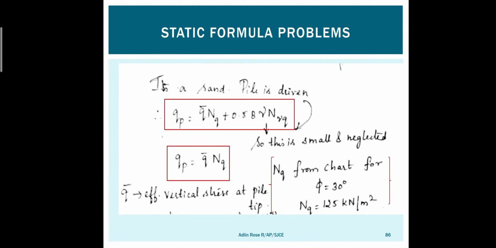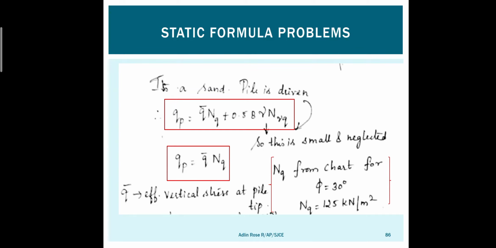Now they have given the angle of internal friction as 30 degree, which means the chart will be available, and that chart they will give in the question, and that is going to be NQ is equal to 125. It's a standard value obtained from a chart. Bearing capacity factors like NC, NQ, N gamma we took from a chart.